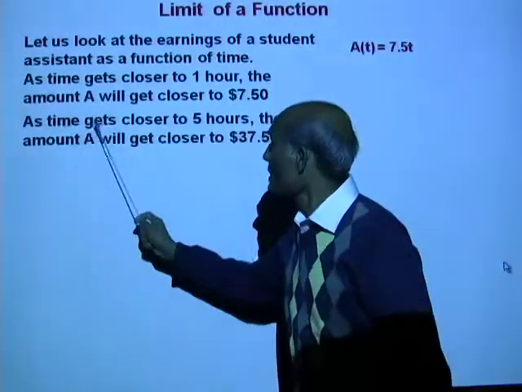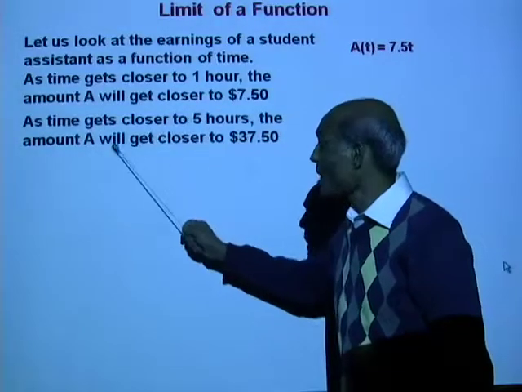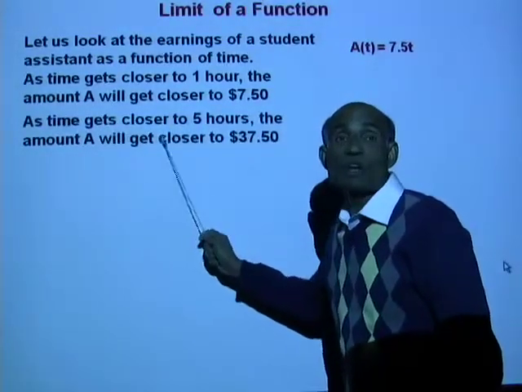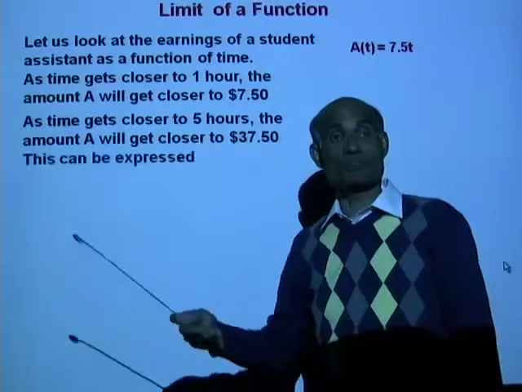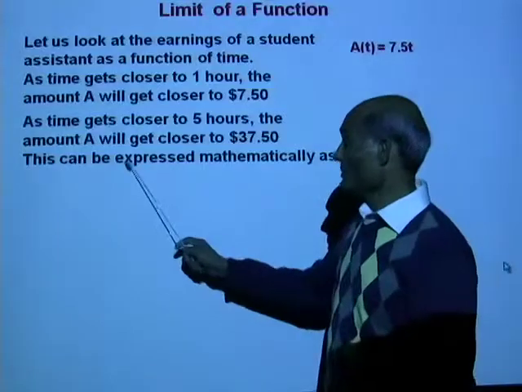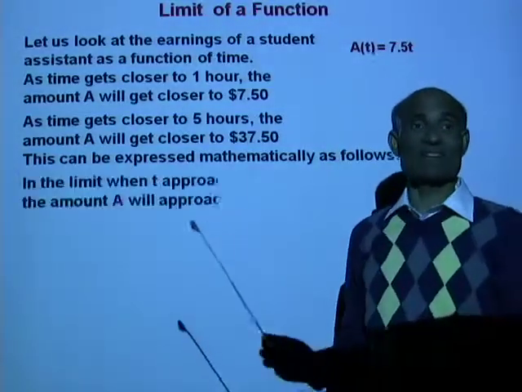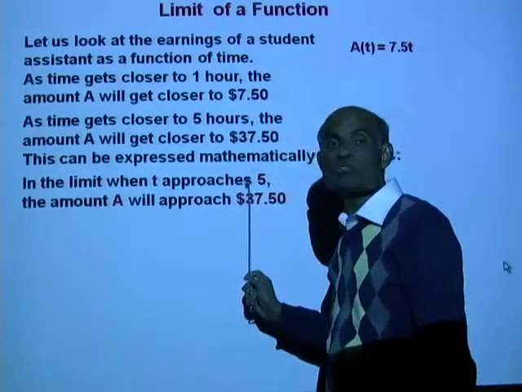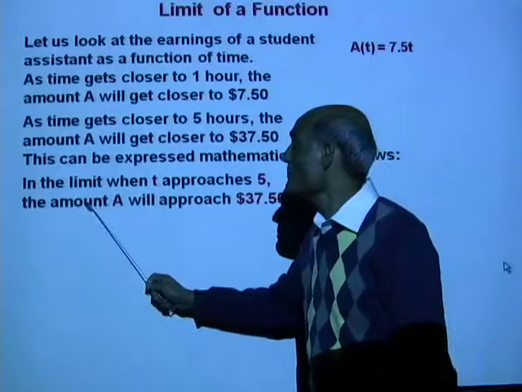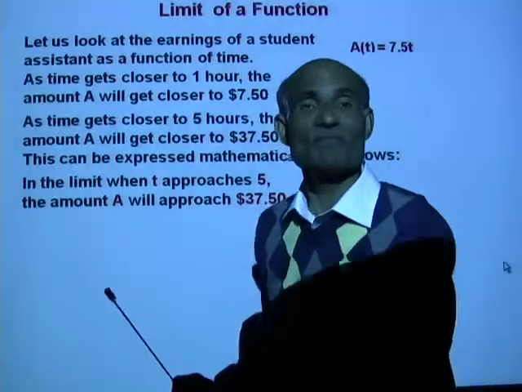Similarly, as t gets closer and closer to 5 hours, the output A will get closer and closer to $37.5. Now we are going to express these statements mathematically. We say, in the limit when t approaches 5, the amount A will approach 37.5.